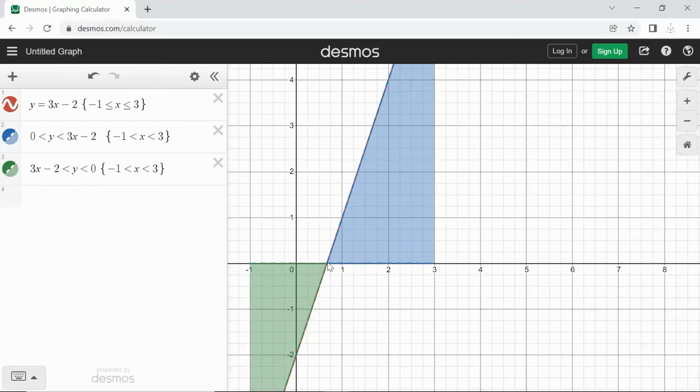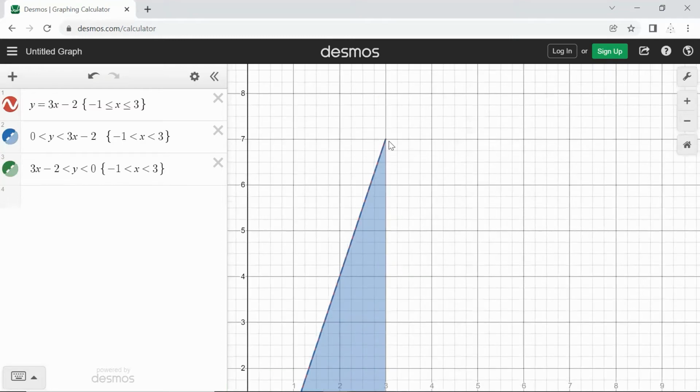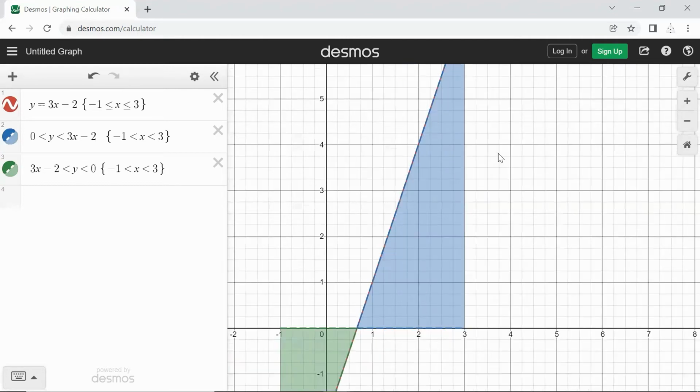This other triangle goes from 2/3 to 3. Therefore, the base is 2 1/3. And the height of this triangle goes from 0 up to 7. Therefore, the height of the triangle is 7.